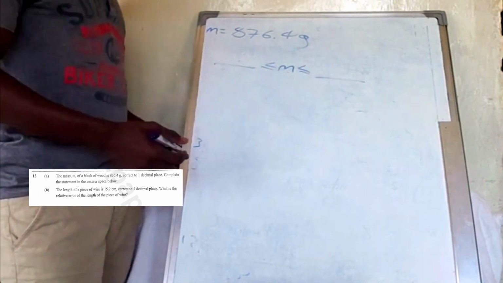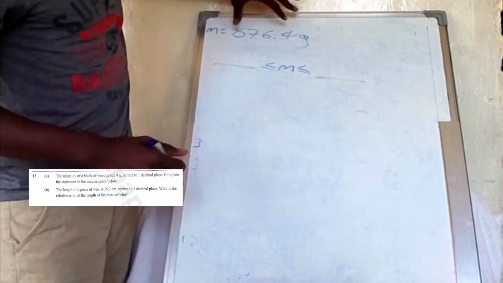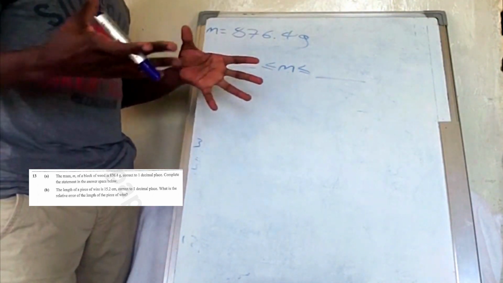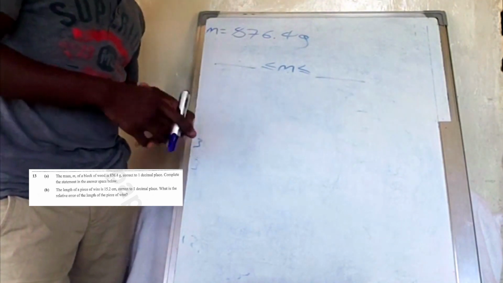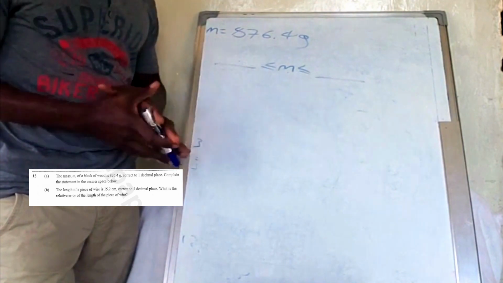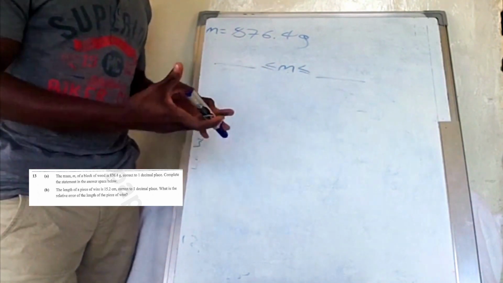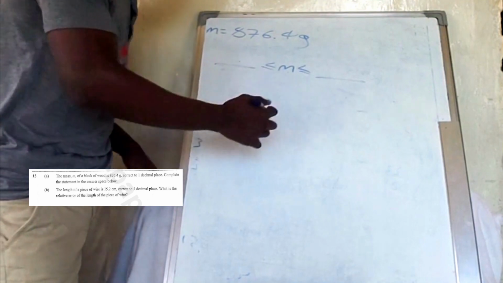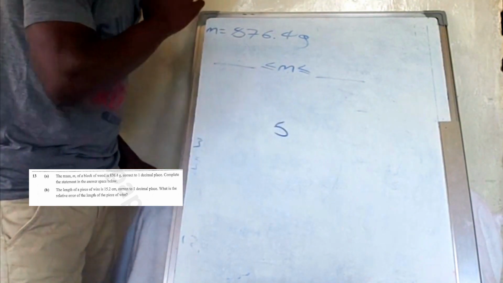So you know that if we have a decimal number, a number of decimal places, we can assume that that number has been rounded off to give us that number.